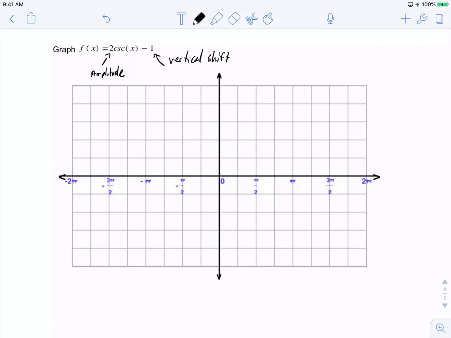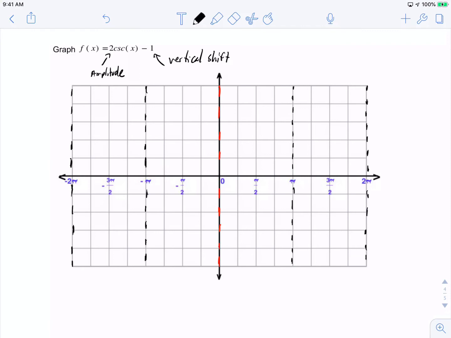And so remember, sine is 0 at pi, 2 pi, negative pi, and negative 2 pi. And then just so we can see it, use red for that, at 0. Okay. So we have those.